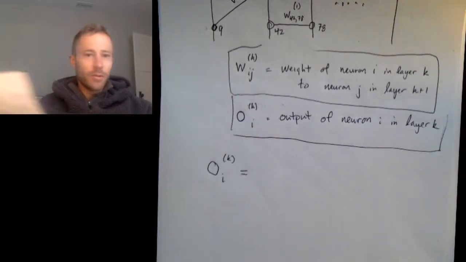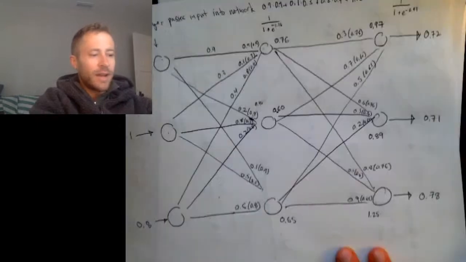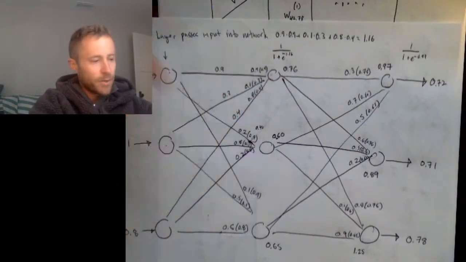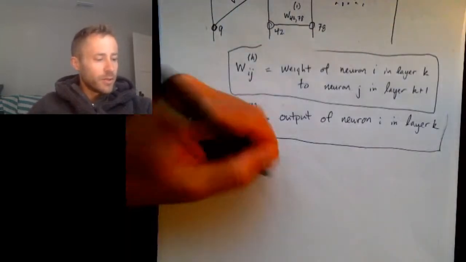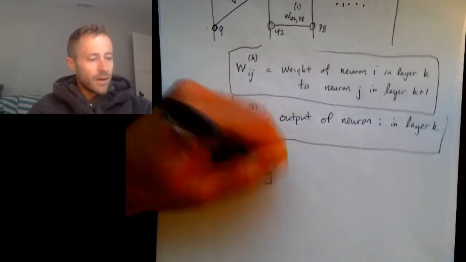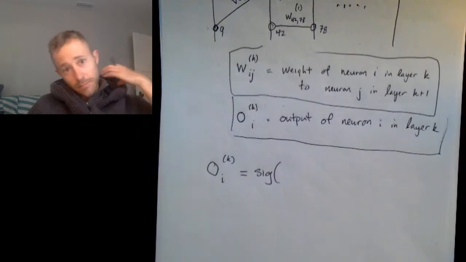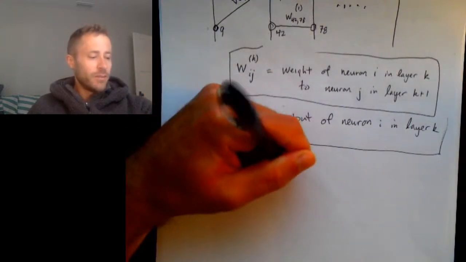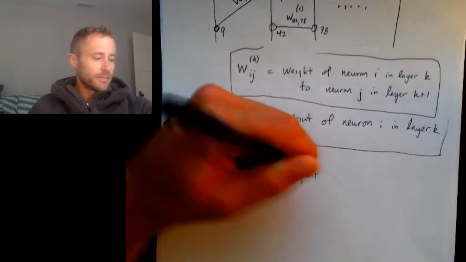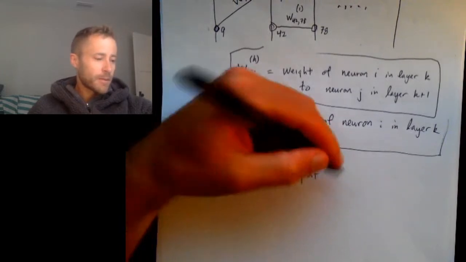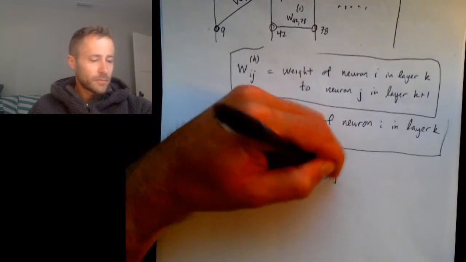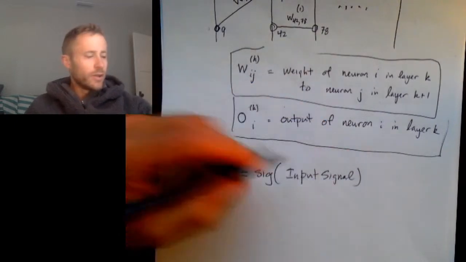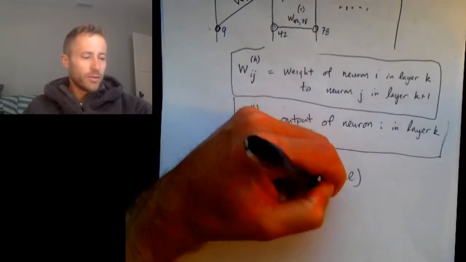Well, we have to remember that the output has the sigmoid function applied to it. Okay? So the output is going to be the sigmoid of something. It's going to be the sigmoid of the input signal. Okay? So now the question is, what is the input signal?